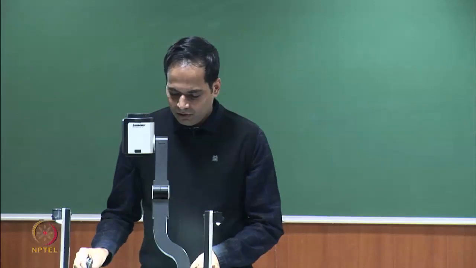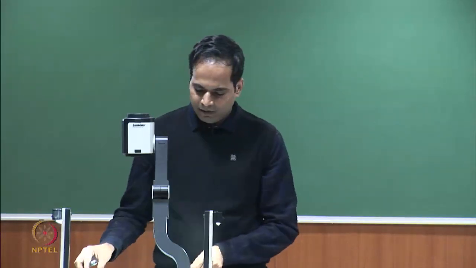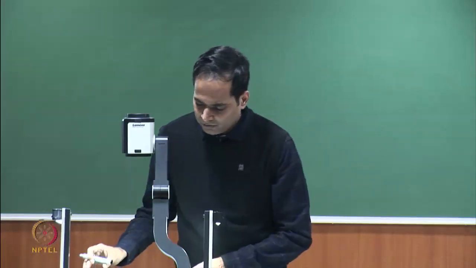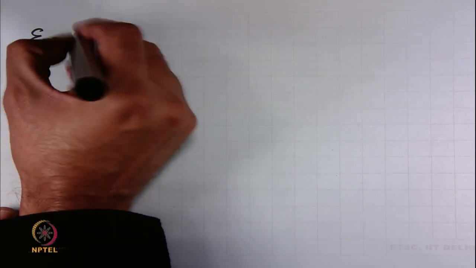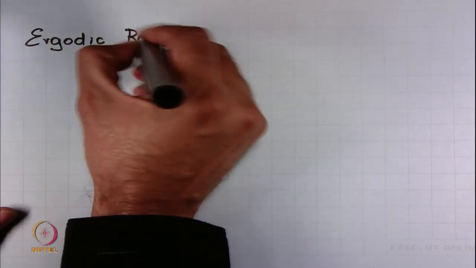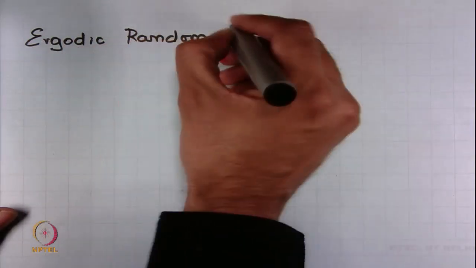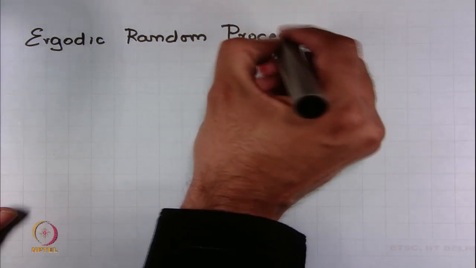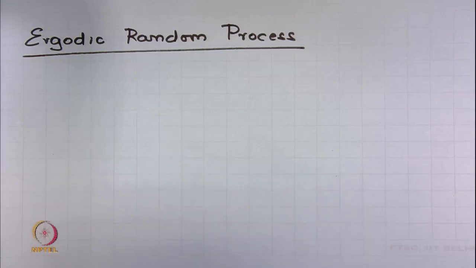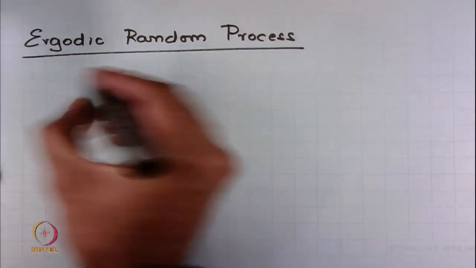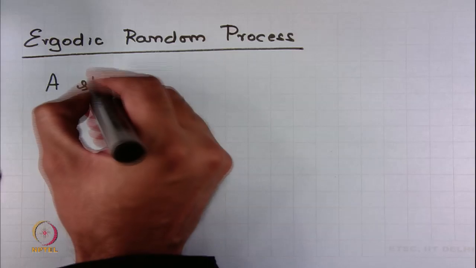Okay. So, let us now define another process which is an ergodic random process. So, what is an ergodic random process?